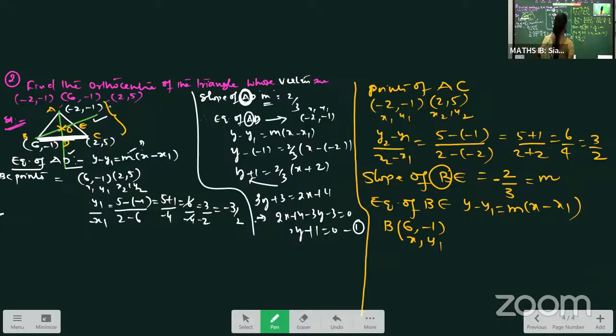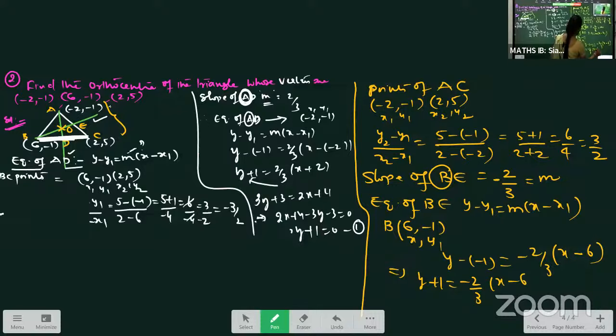So y minus of -1 is equal to -2 by 3 into x minus 6. Then y plus 1 is equal to -2 by 3 into x minus 6. Do the cross multiplication: 3y plus 3 is equal to -2x plus 12. Then bring all these terms to this side: 3y plus 3 plus 2x minus 12 is equal to 0.